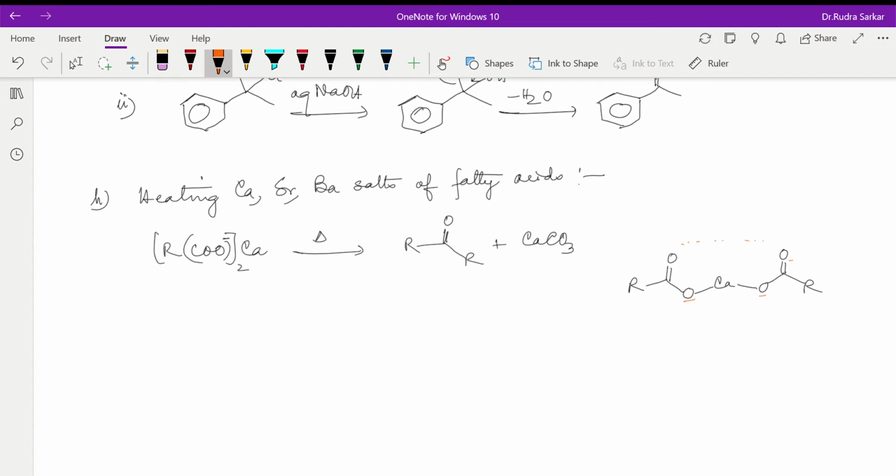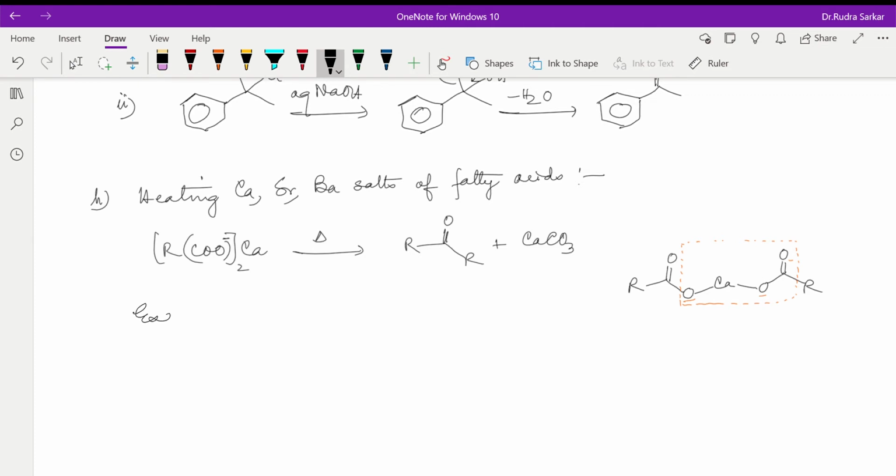So technically you are taking out this unit. Then what you're left behind with? R C double bond O and this R. And that is how you can think. Okay.